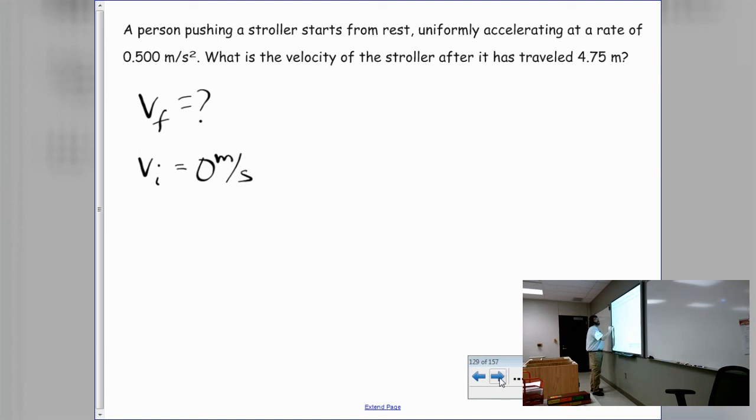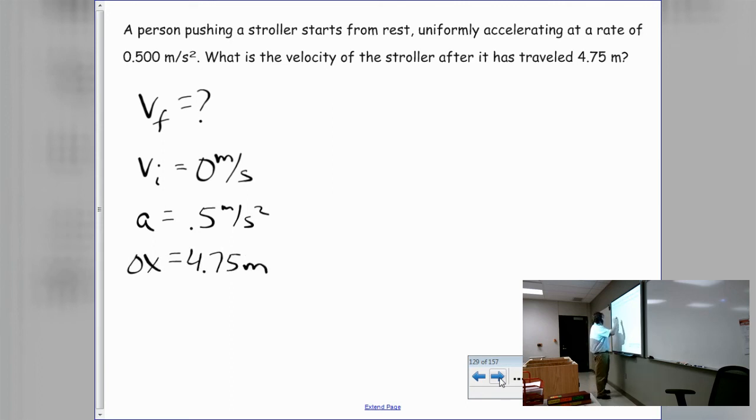Our acceleration is a positive 0.5 meters per second squared. And our displacement, delta x, is 4.75 meters. The equation we just derived was velocity final squared equals velocity initial squared plus 2a delta x.